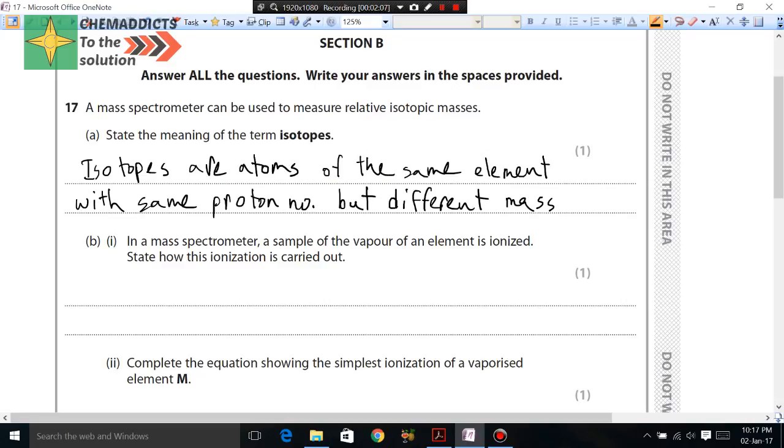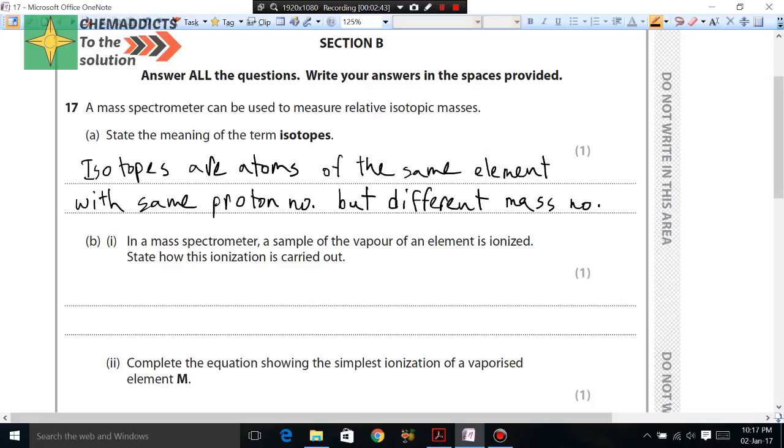So here is the definition of isotopes. You may also write same atomic number but different mass number. This will do. So this is the answer to question A.